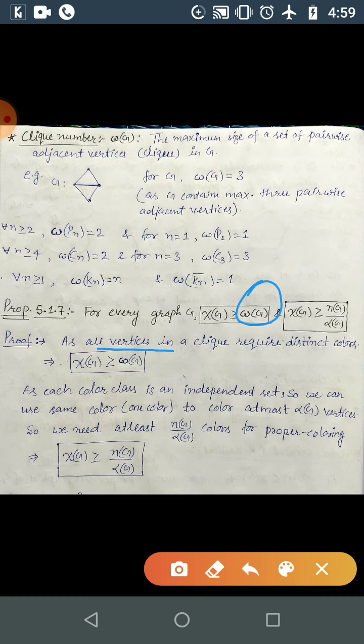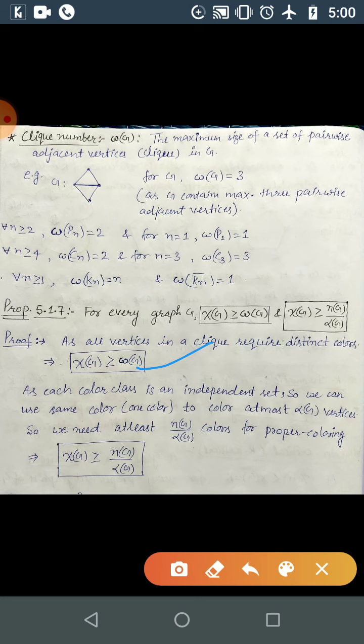As all the vertices in a clique require distinct colors, the colors required to color the graph are at least the clique number. That's why the chromatic number will always be greater than or equal to the clique number, that is chi is always greater than or equal to omega.